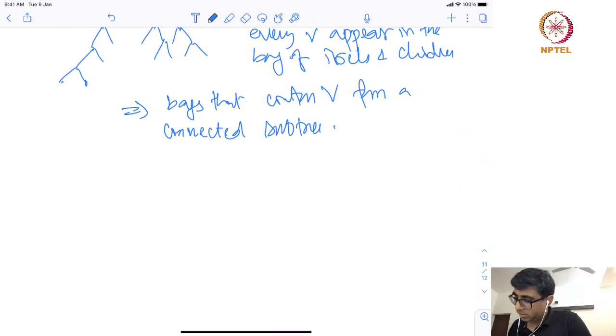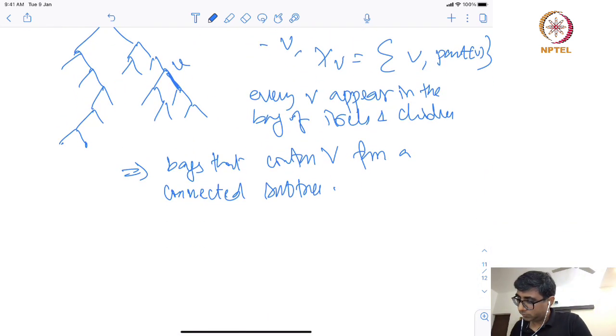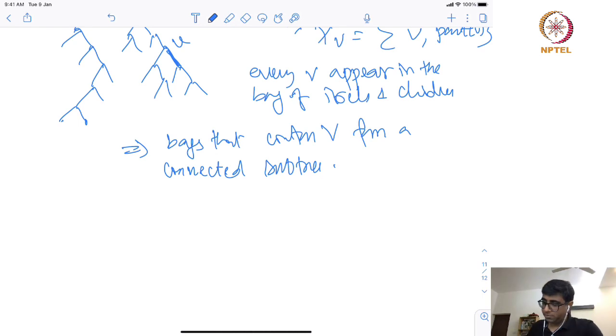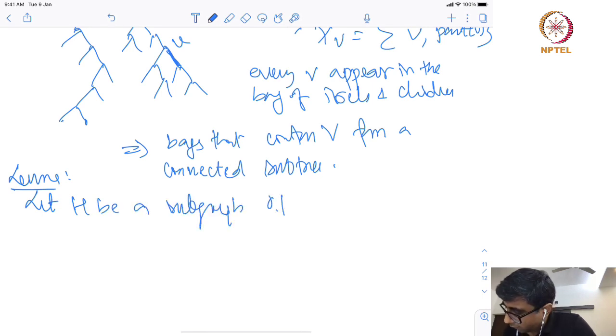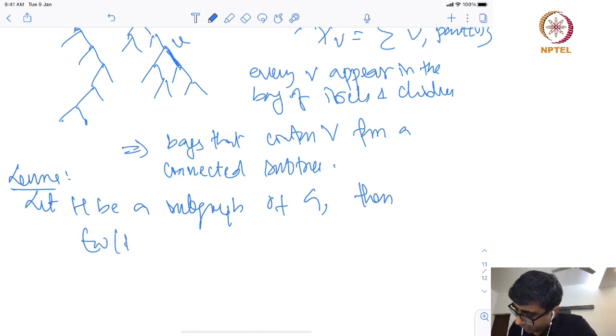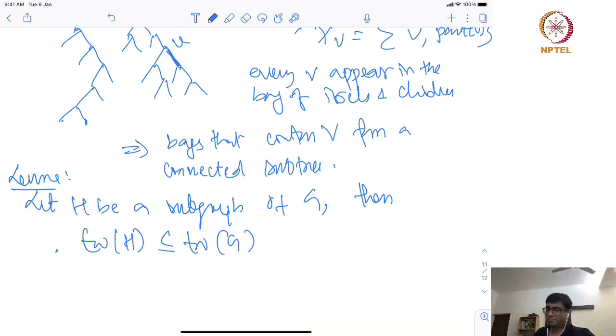So what about grids? Okay, so now we have done this. Now this is my lemma. Let H be a subgraph of G, then the tree width of H is less than or equal to the tree width of G. This is very simple.